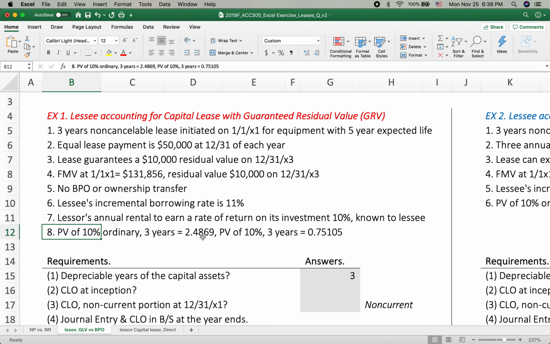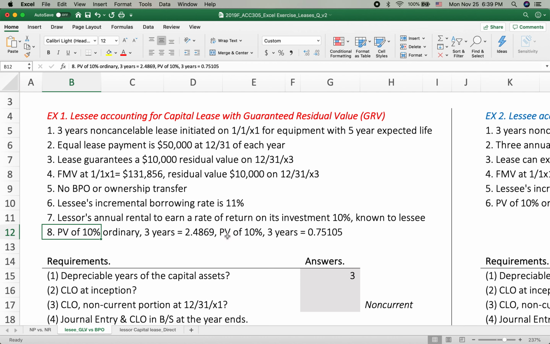We will calculate the present value of minimum lease payments from the future payments discounted with 10%. Then we apply this 2.4869 to this $50,000 equal lease payment, and then we calculate the total minimum lease payment in present value.